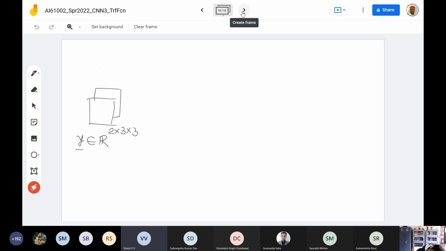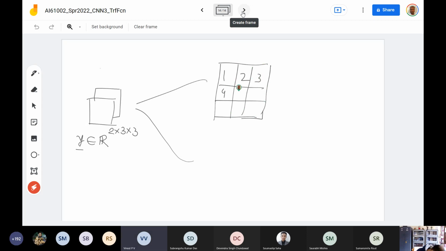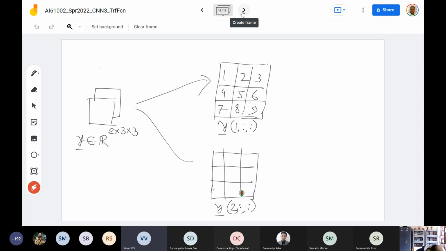Okay, and then say that these are the values I'm writing down over here. 1, 2, 3, 4, 5, 6, 7, 8, 9. So this is my Y of 1, and this is my second one, which is Y of 2, comma, colon, comma, colon. And say that the values in this one are something like this.